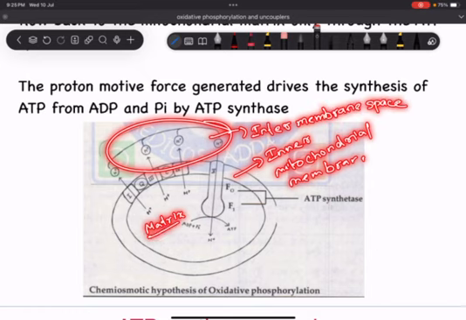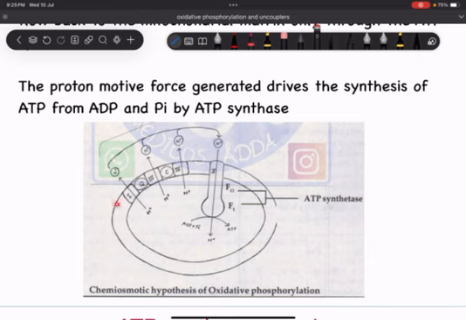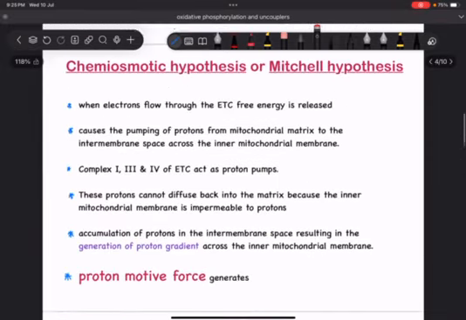So matrix, inner mitochondrial membrane and the intermembrane space. The complexes 1, 3, 4 as well as 5 are present on the inner mitochondrial membrane. So we can look at this hypothesis.